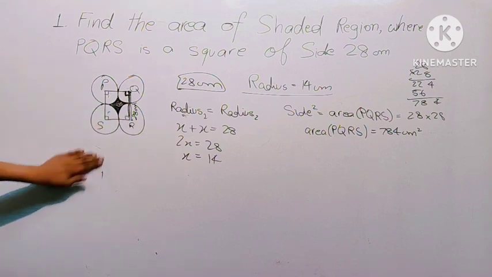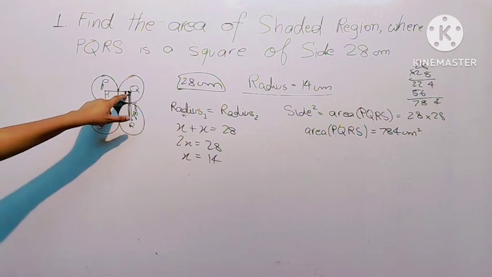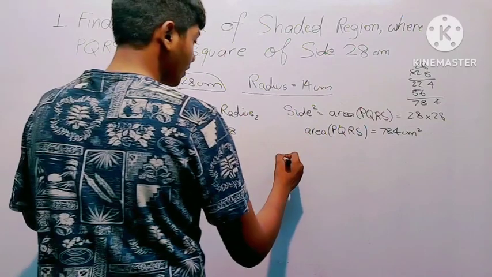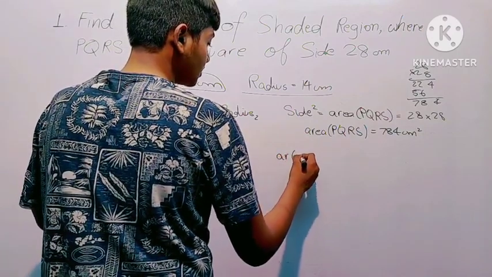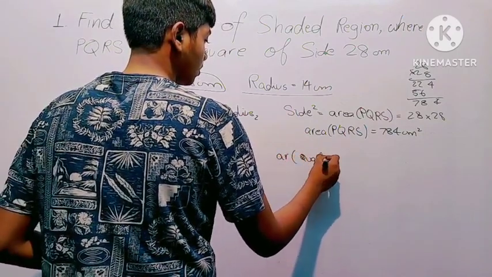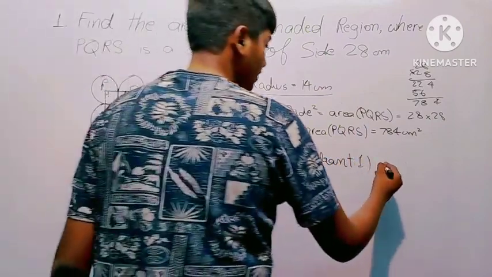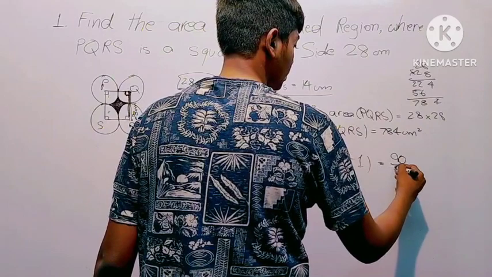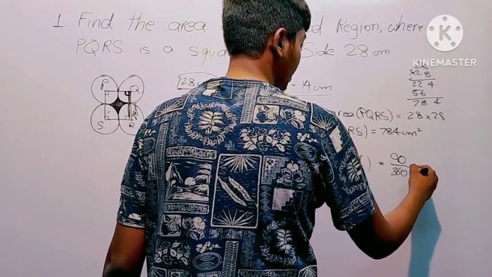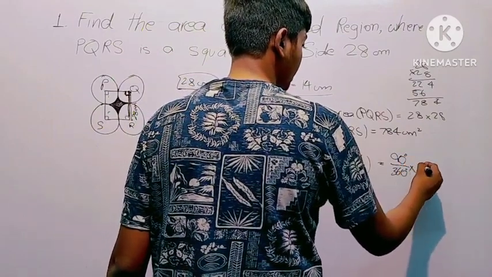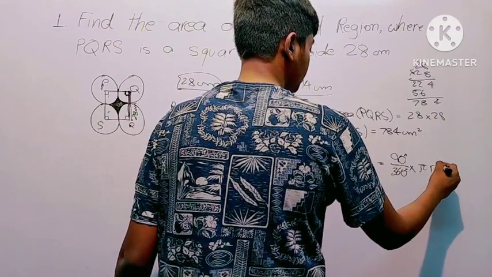And what is the formula for the area of one of the quadrants? Let's just write quadrant 1. So what is the area? It would be 90 upon 360 multiplied by pi r square.